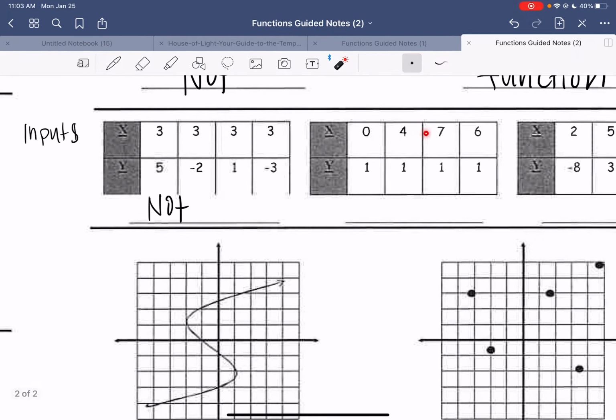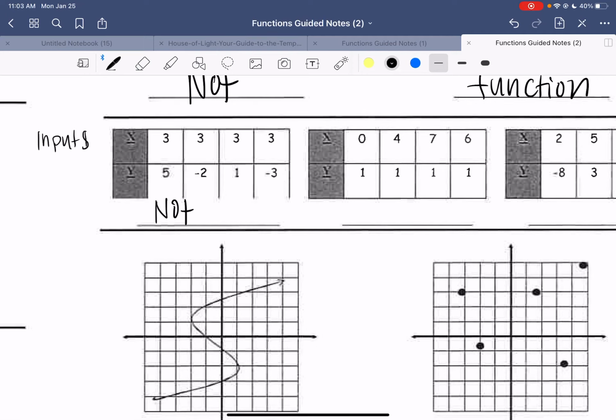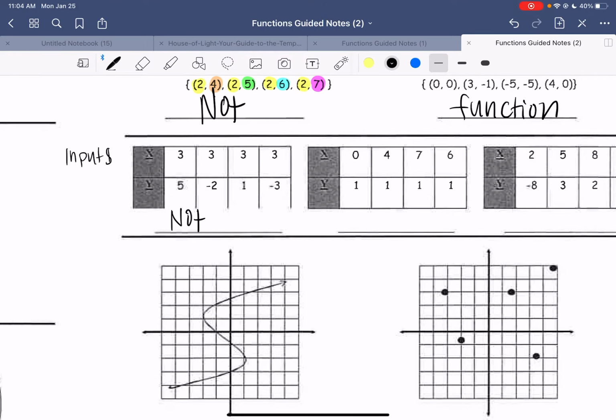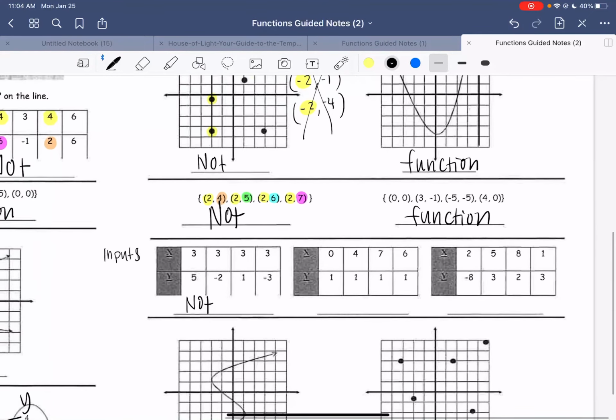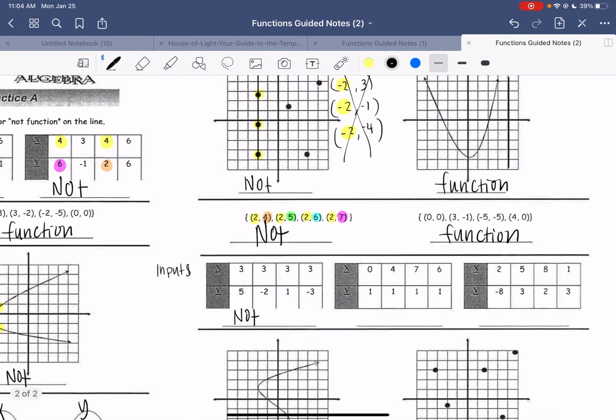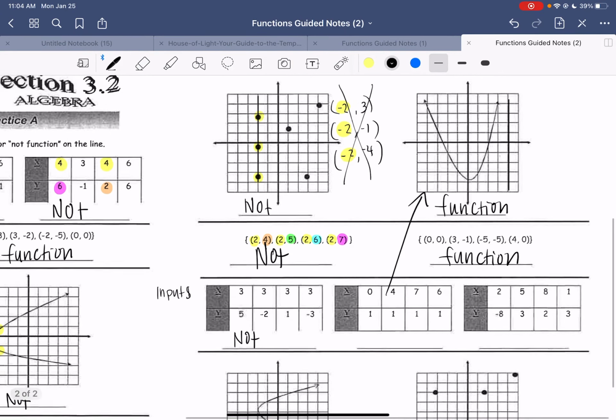So we have 0, 4, 7, 6, and this is where people might get confused, because all of our inputs are different, but our outputs are all the same. So let me just take these points right here and plot them on this graph for a visual.